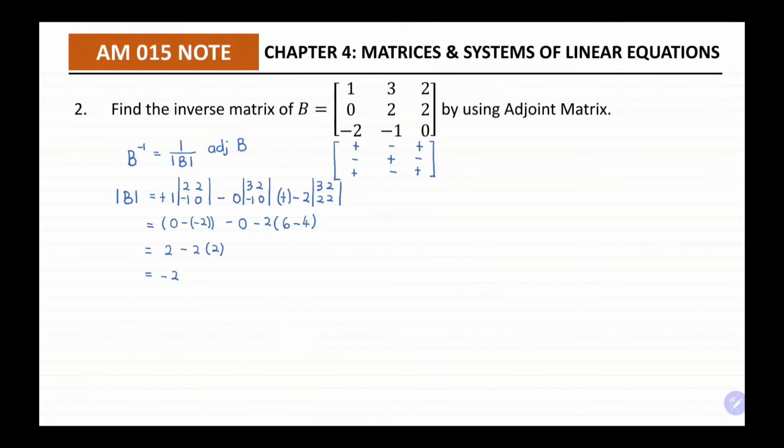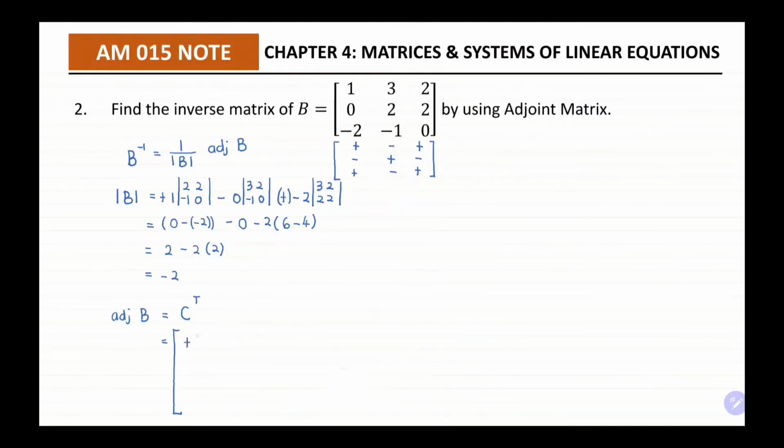Now next step, we find adjoint B. How to find adjoint B? Adjoint B is cofactor transpose. Means we must find the cofactor first. To find the cofactor, we open a big bracket and put the sign for cofactor.